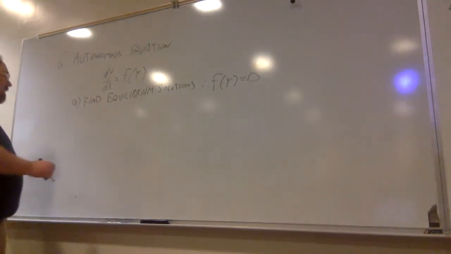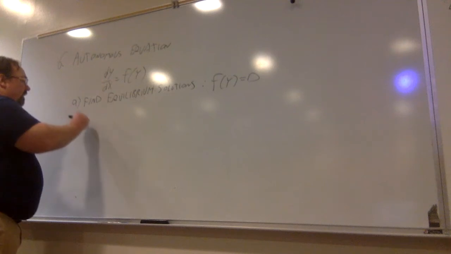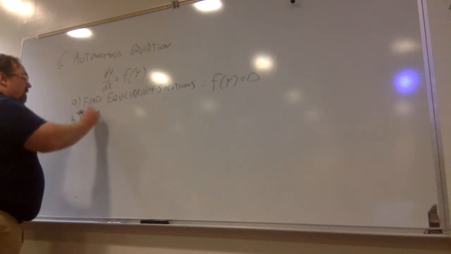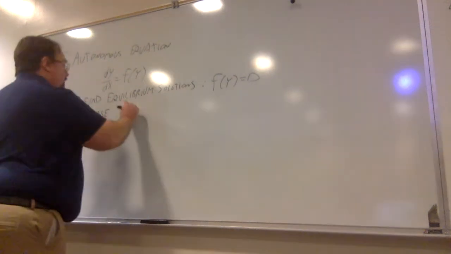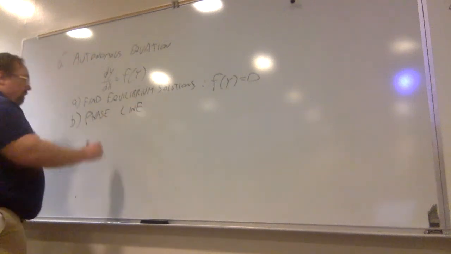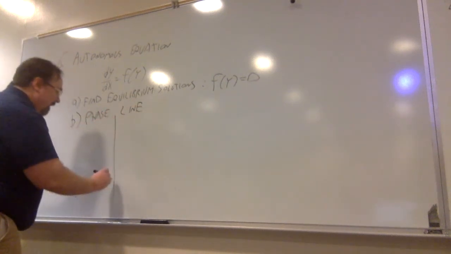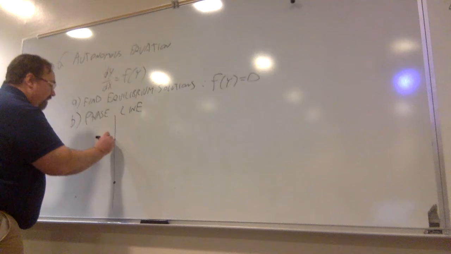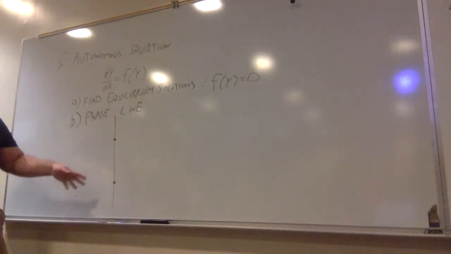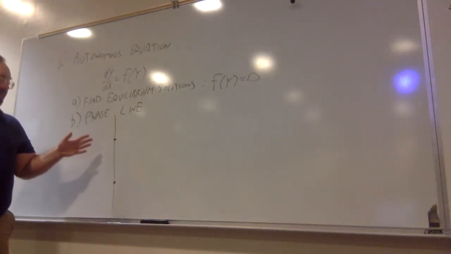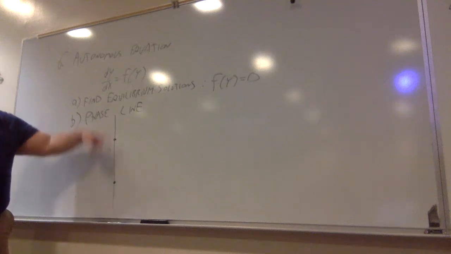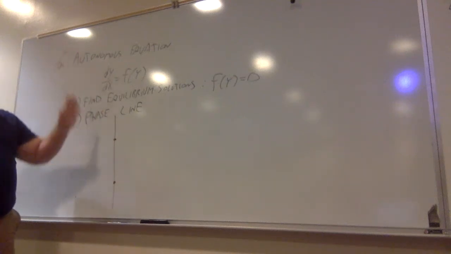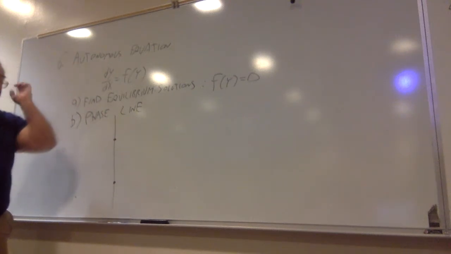Okay. Then you draw a phase line. So you have a real number line, and whatever equilibrium solutions you have, mark them on the real number line, from smallest to largest, so up direction is increasing.